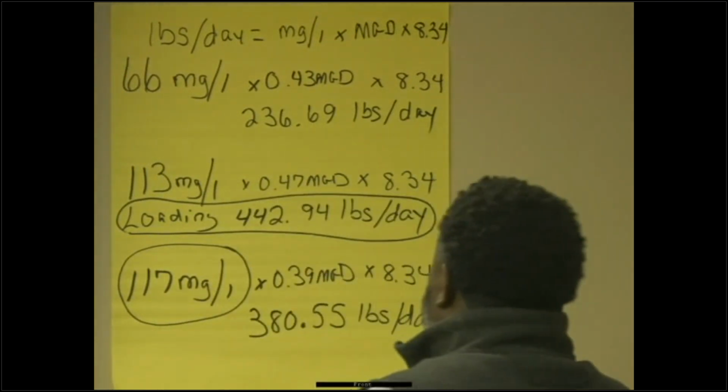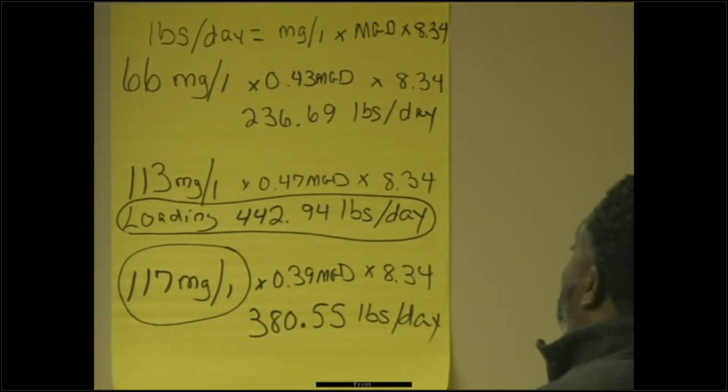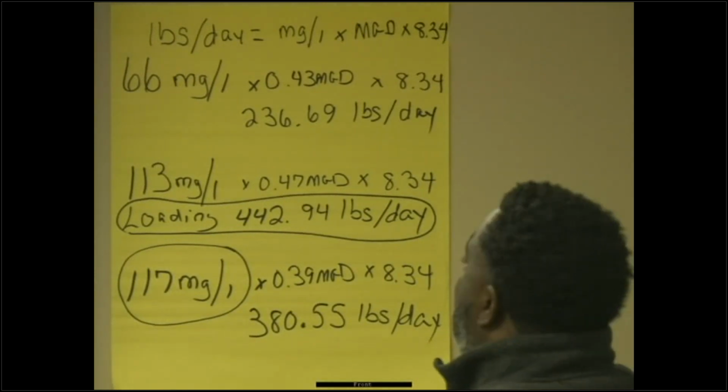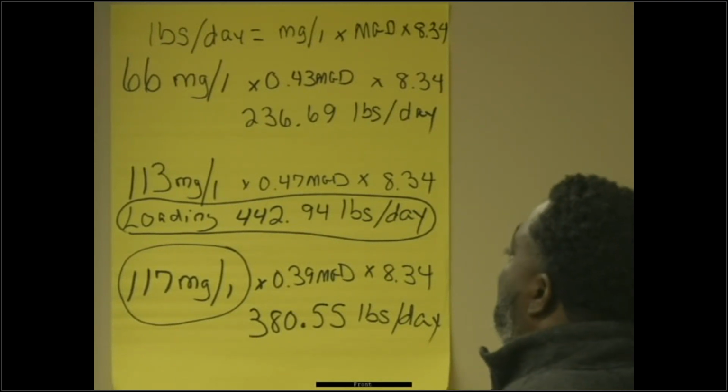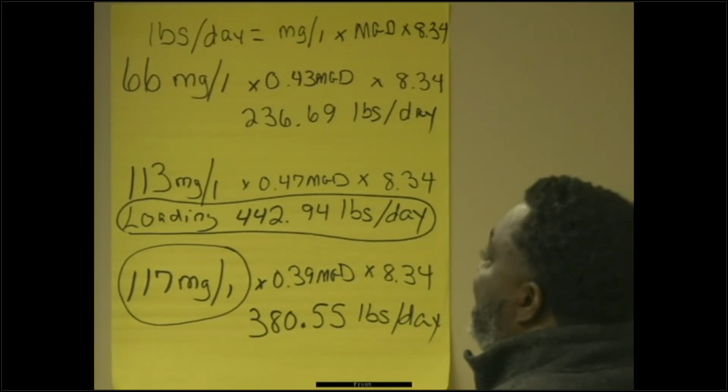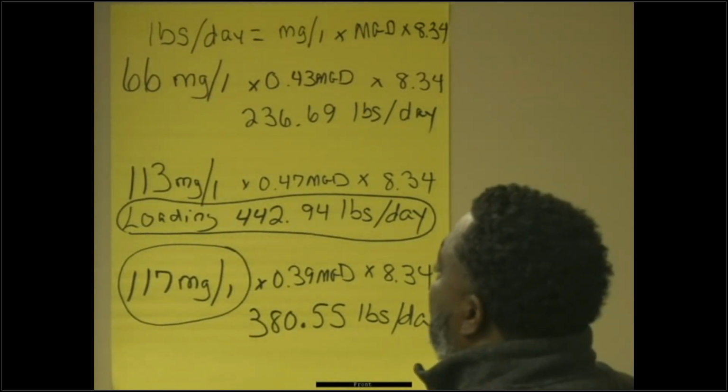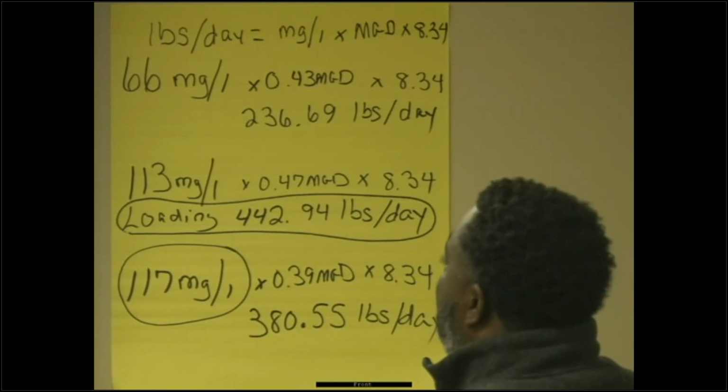The concentration will be 117 milligrams per liter. So the point here is that the highest concentration does not always equate the highest loading. You've got to run the numbers and calculate it out and factor in the flow, as was the case here.